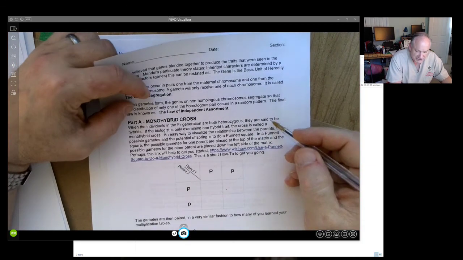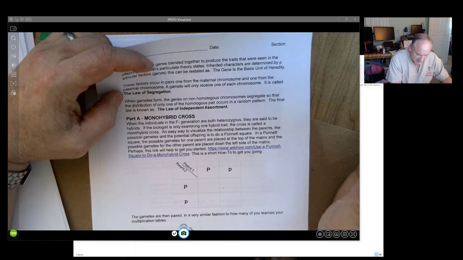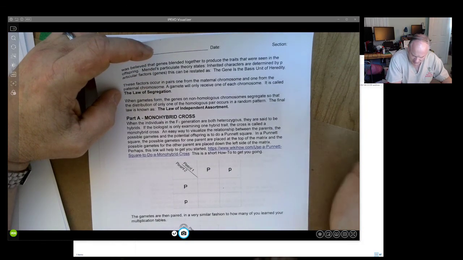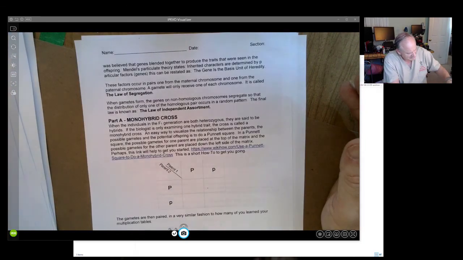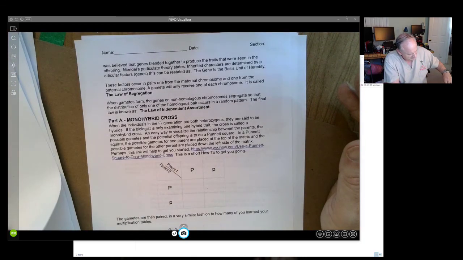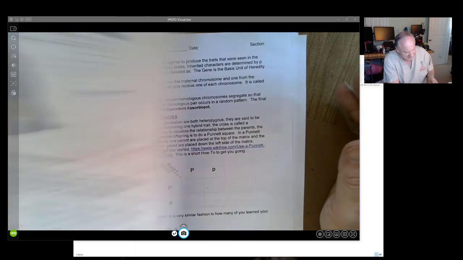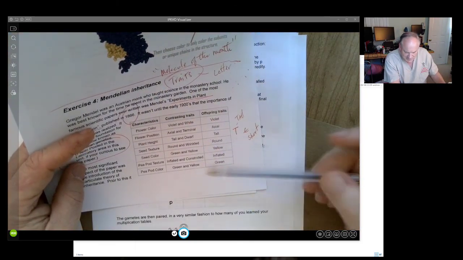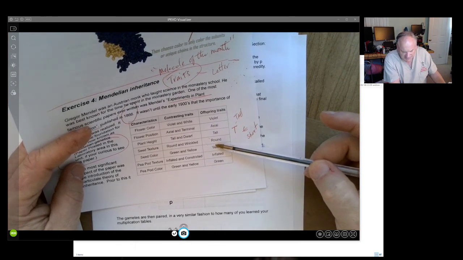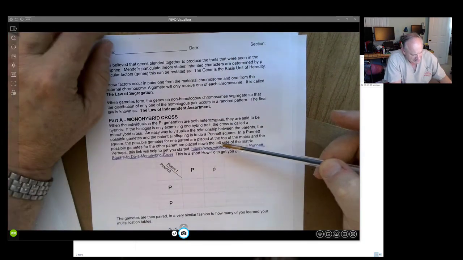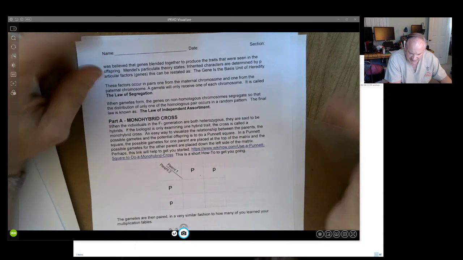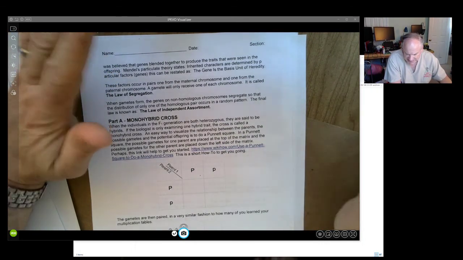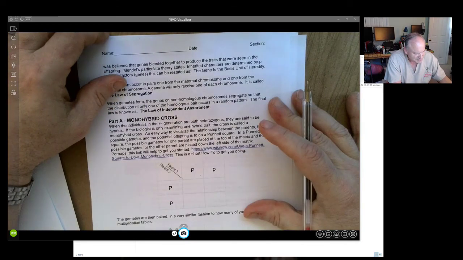But there was only a limited number of traits for a particular thing, like I was showing you here with the plants having the color that they did, or these particular traits, that those would be logged and tracked and followed. And what he found was the law of segregation, that these always seem to segregate together for this particular trait.